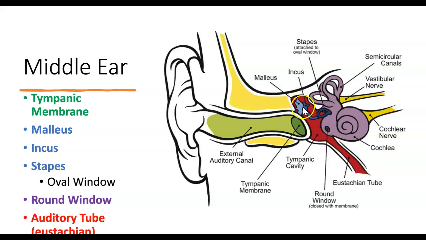So this is where those three bones are going to sit, again a connection between the vibrations coming in from the outer ear before it transmits them into the inner ear. The oval window is the place where the stapes actually attaches to the cochlea.